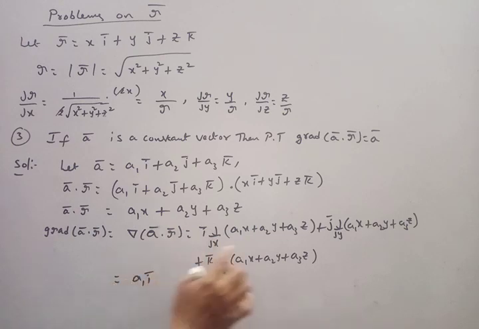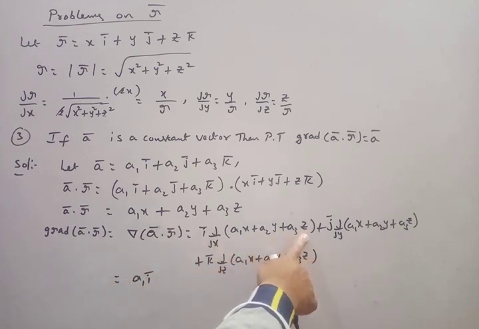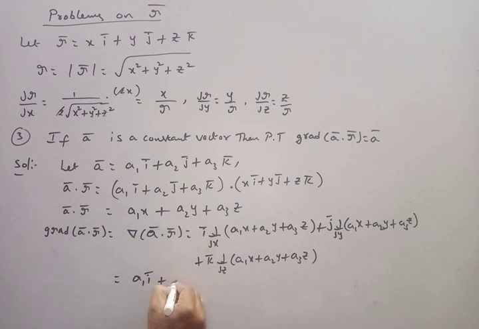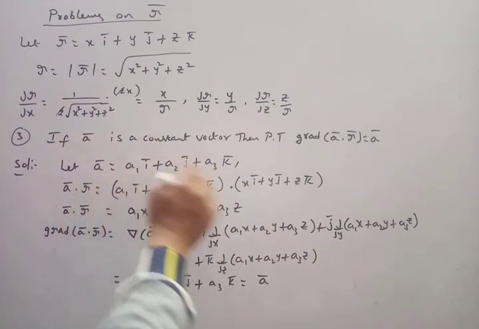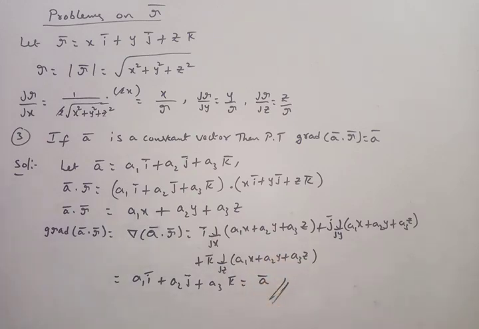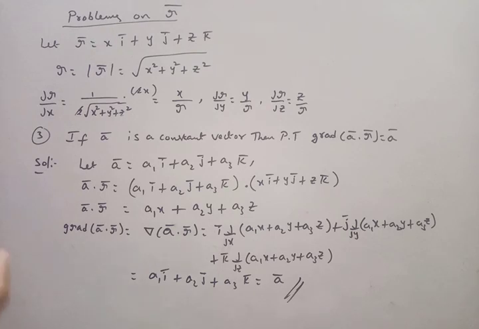So a1 i bar; no x here, 0; no x here, 0. With respect to y, x is 0, y is 1, a2 j bar, and here with respect to z, a3 k bar. This is nothing but what? A bar. That's it. Understand? Very simple. So the only thing is: you have to do the dot product, then find the gradient, like in these previous two problems.